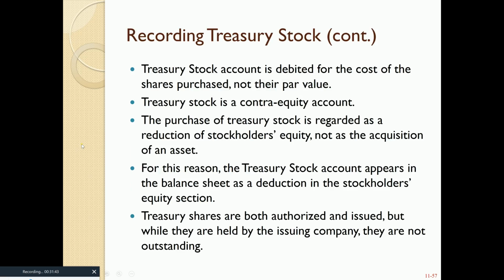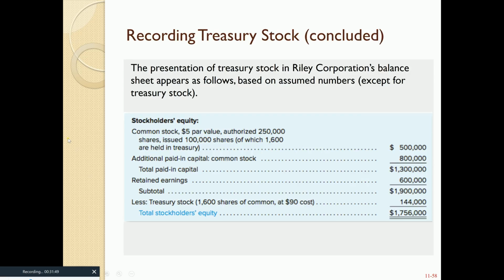This treasury stock reduces overall equity. It is a contra equity account. Now, let me just show you, what does the equity section look like after we buy treasury stock? Well, we still have our common stock. It's $5 par value. 250,000 shares are authorized. 100,000 shares are issued.